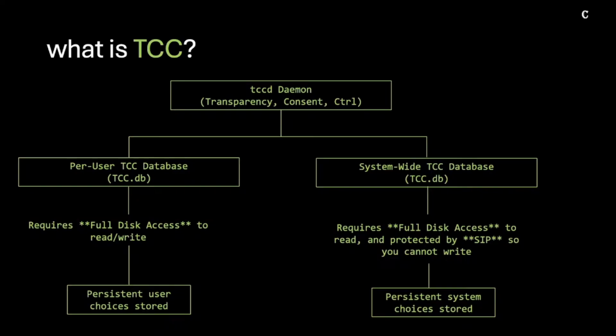So in order to read or write to the per user one, you need to have full disk access. For the system-wide TCC DB, that requires full disk access, but it's actually protected by SIP. So even if you have root, unless SIP is disabled, you cannot write to that.